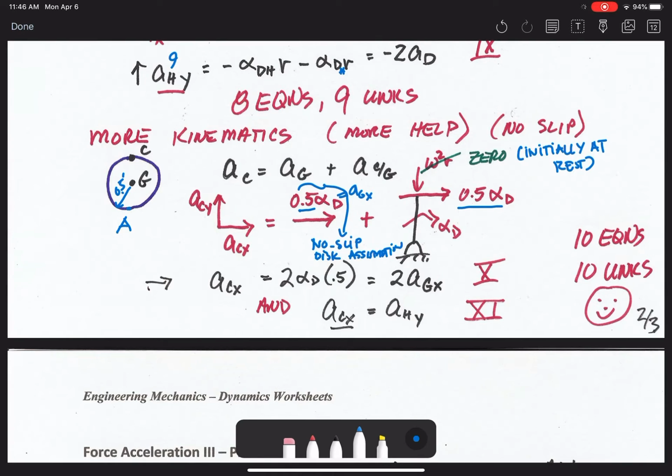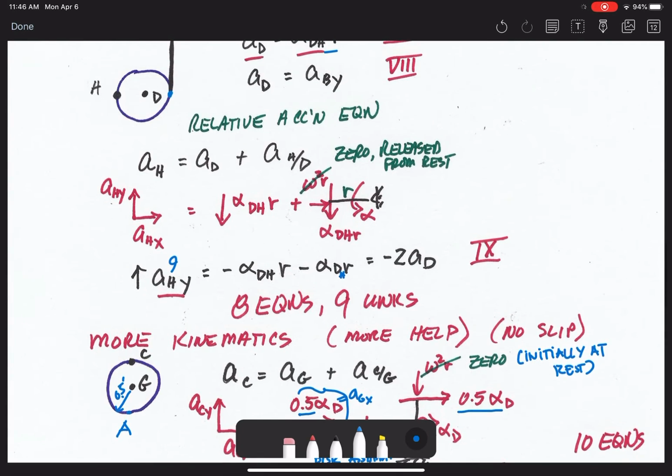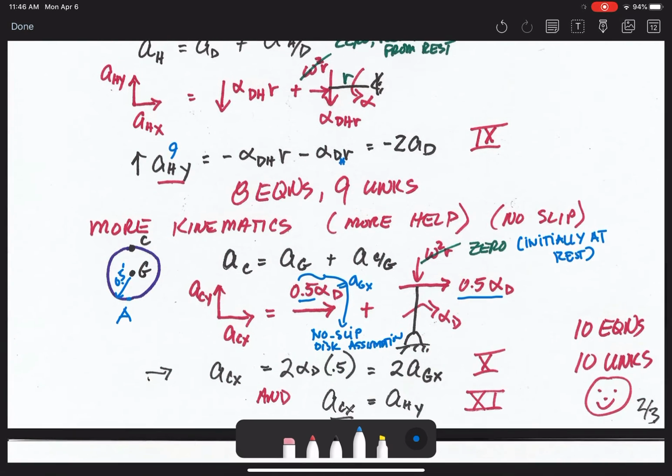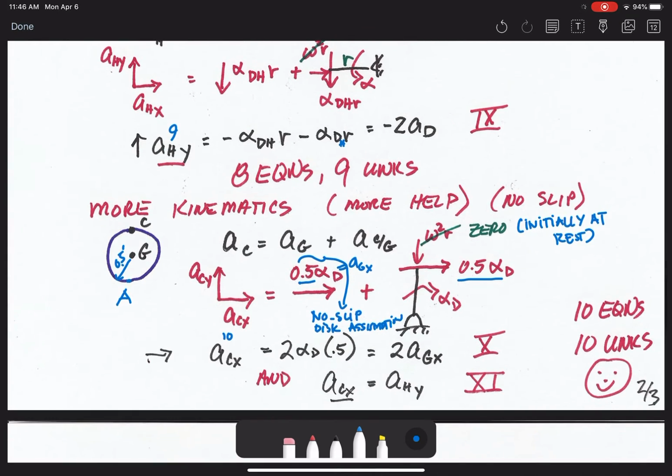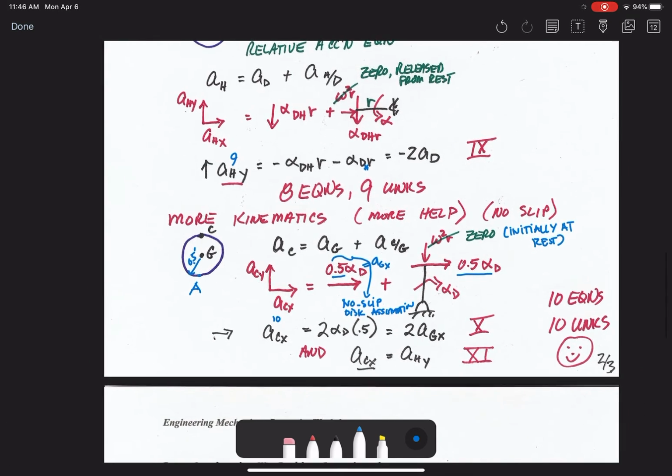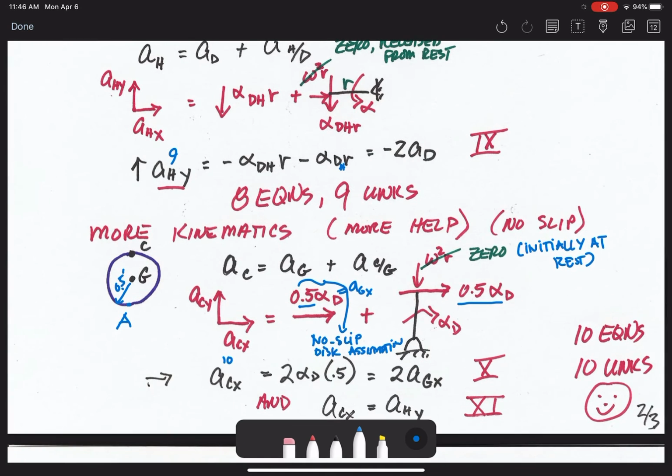So now we have 10 equations, because we have that number 10 in here, and we have 10 equations, 10 unknowns. So from that we can solve for this one. But how can we solve 10 equations, 10 unknowns?